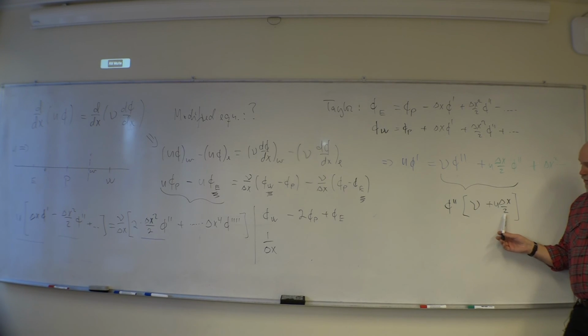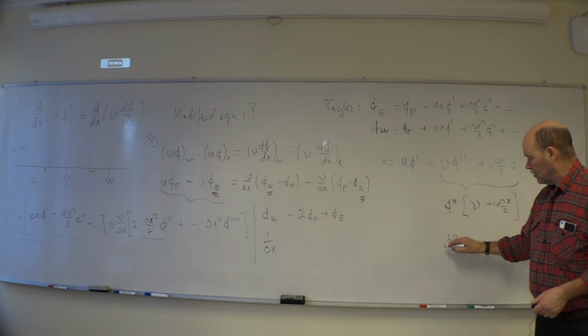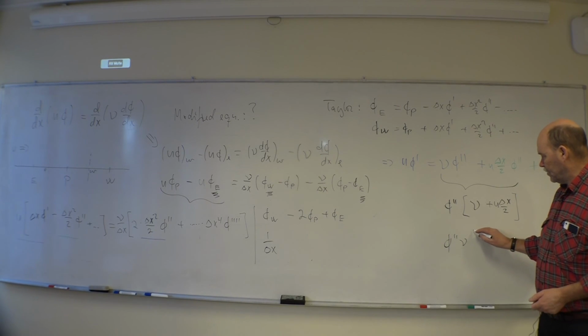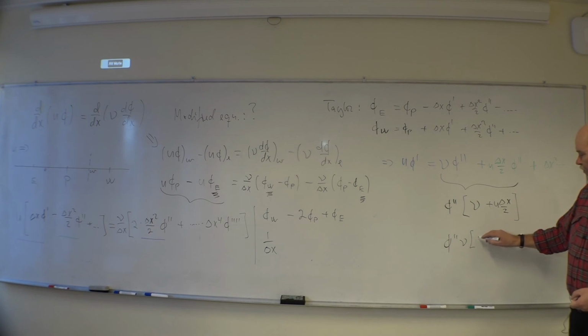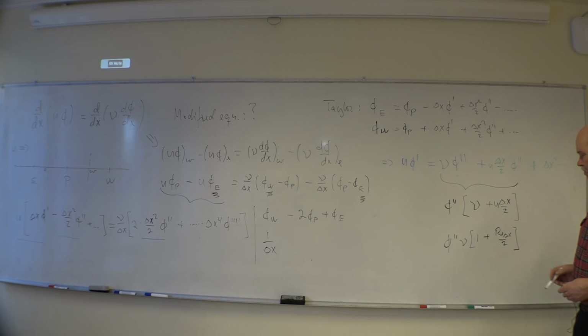You add viscosity. How much do you add? Well, you can write it like this. Viscosity, and then you will have 1 plus the local cell Reynolds number divided by 2.